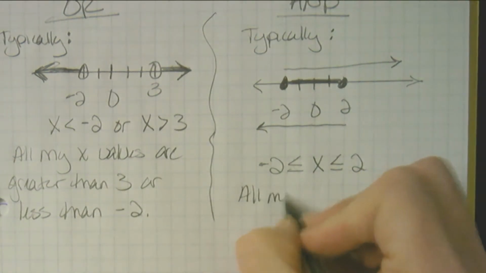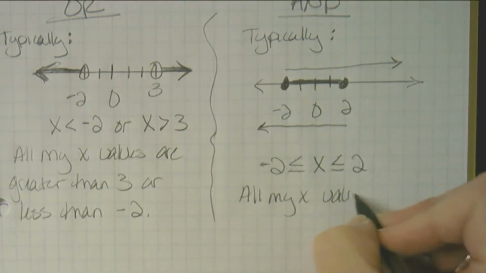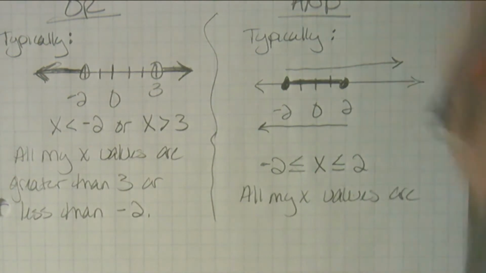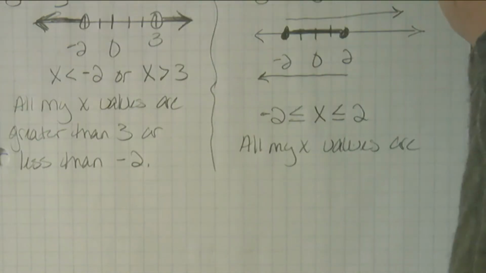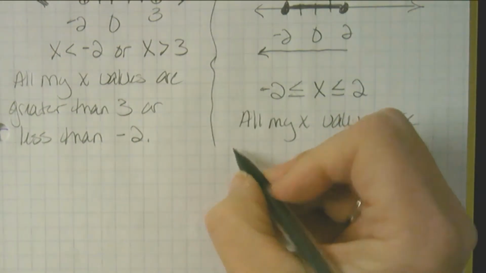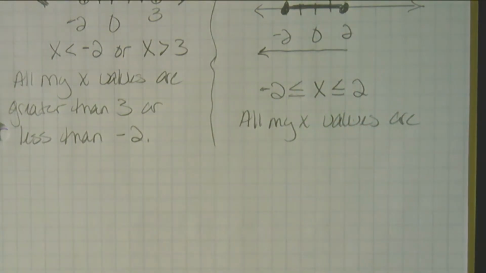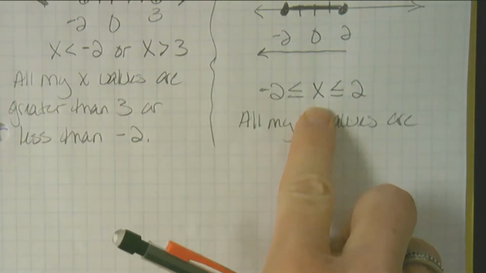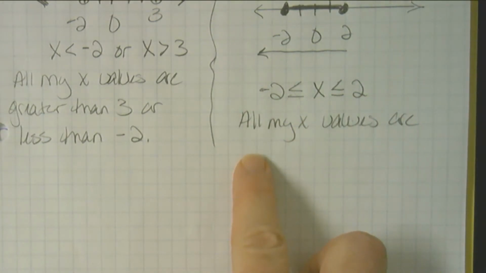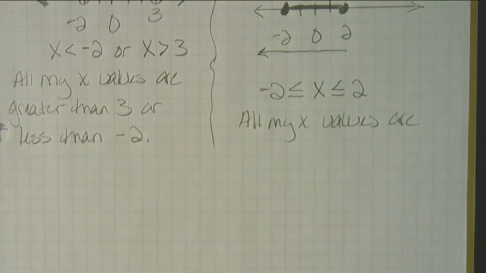All my x values are what? Troya? No, be specific. What does this say? It's not the average. Peter? We could say that. What's another way we could say that?